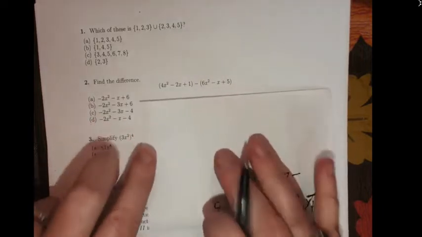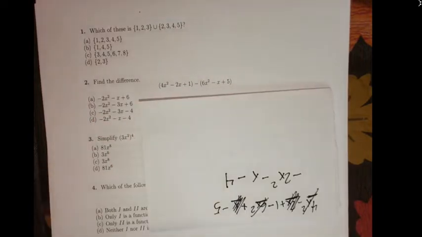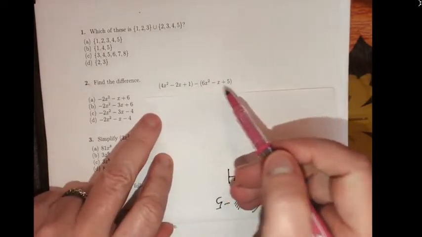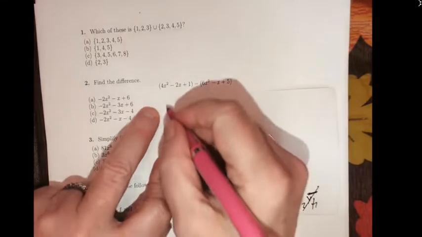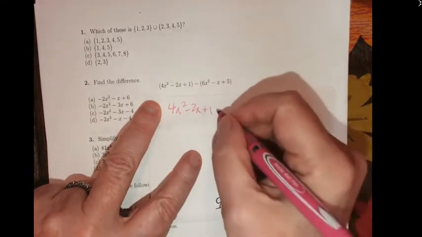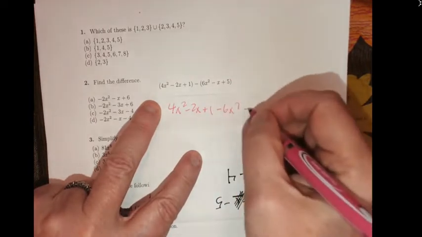Now, the most common mistake a student will make, and let me do it in red because red is wrong, is they will not apply the negative sign to every term. They only apply it to the first term. And just do minus 6x squared and then have that.